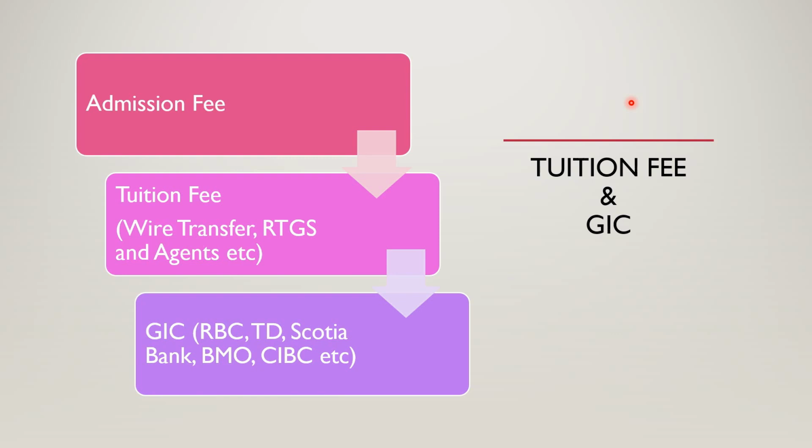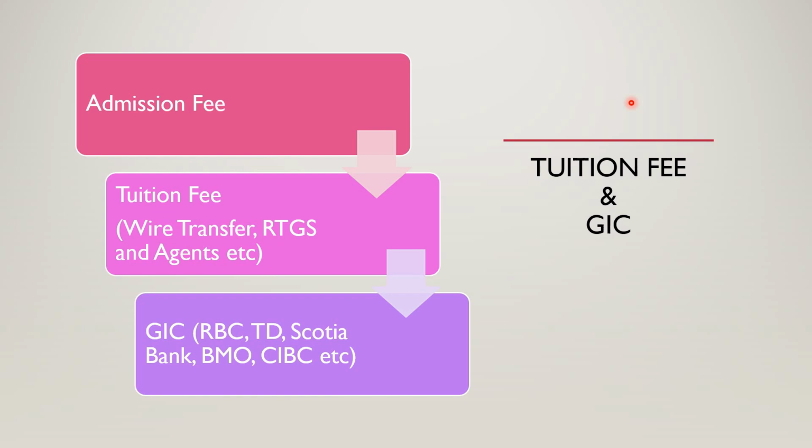There are some online agents which will be converting the amount from Indian rupees to Canadian dollars, because universities only accept Canadian dollars. You'll have to convert the Indian rupees into Canadian dollars. Approximately 1 rupee 20 paisa to 2 rupees will be the cost for each Canadian dollar when you're buying. As of today, ICICI is taking 1 rupee 27 paisa.